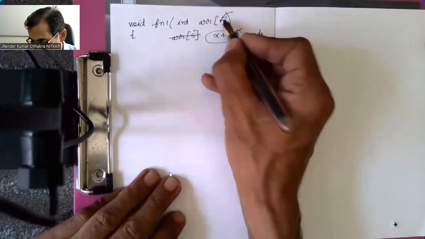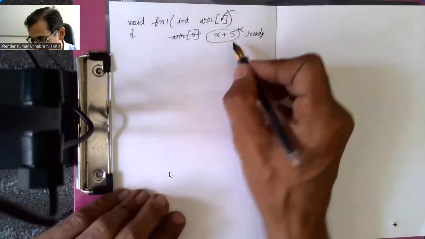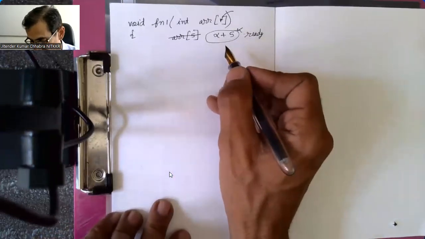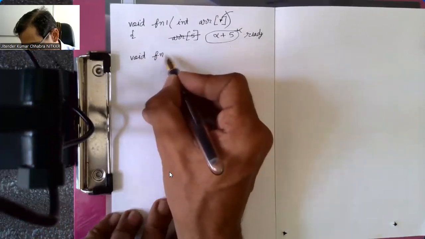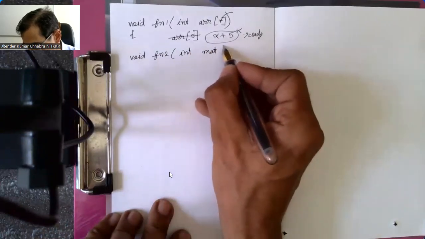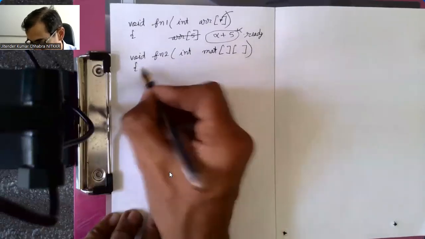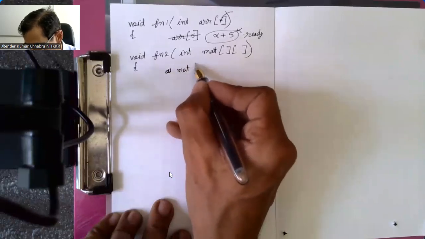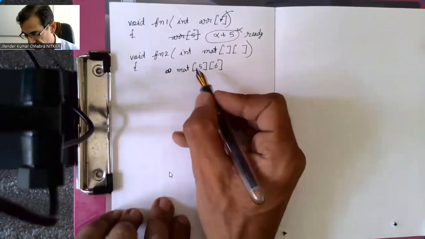Hence, the first dimension was not being used. So the formula did not create any problem and the function can still use all this. On the other hand, if you say I am using function 2 and here I am passing a matrix, and if I don't supply the size, then internally, if you have written mat[5][6], it will not be processed.